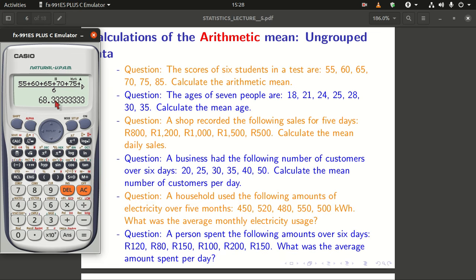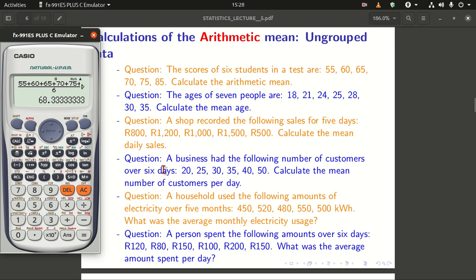Here, if I take these 2, first I have to check the third one. If it is bigger than 4, then I have to add here to round off. If it is less than 4, I just take this as it is. So this one here is going to be 68.33. That is actually the average score, or the arithmetic mean of these test scores. I hope I'm making sense here, that you just take this, divide by that, and this is going to be an average, or the arithmetic mean.